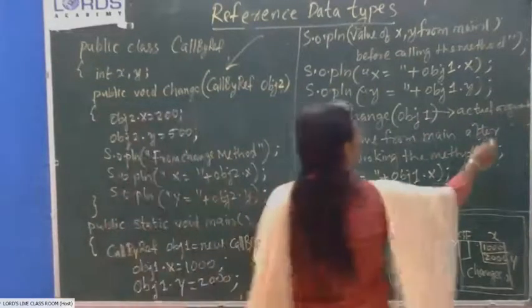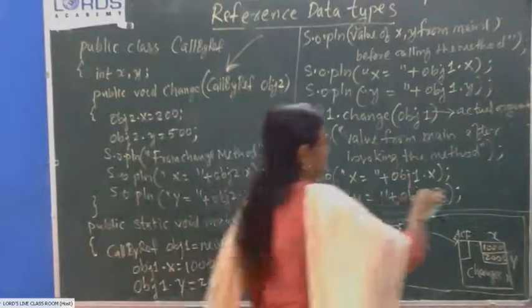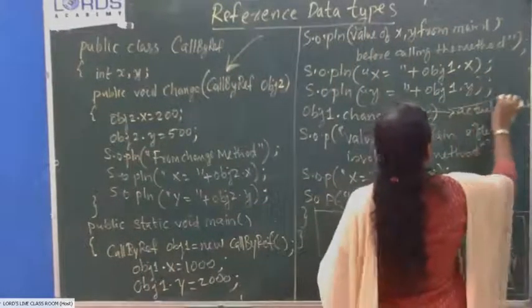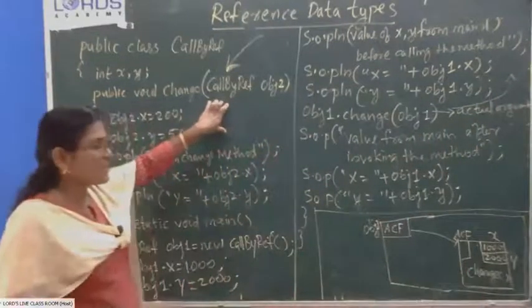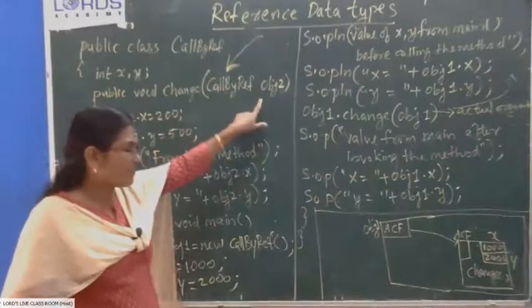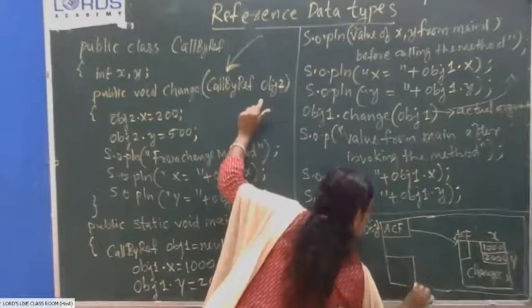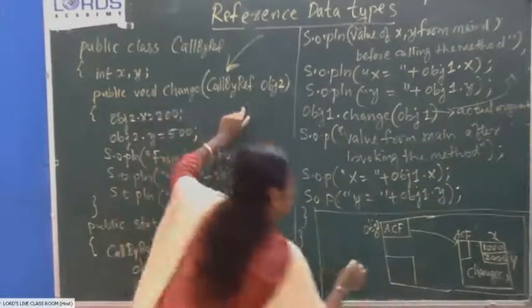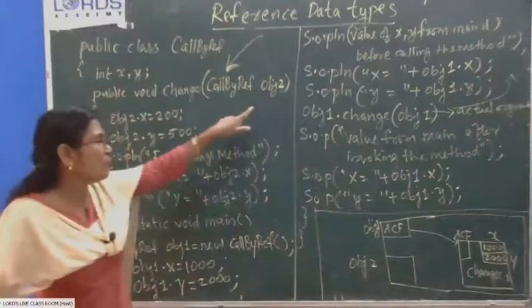So when control jumps from here to the change method, here there is a variable of call by reference type. So in the memory another variable is created with the name obj2. obj2 is of what type?